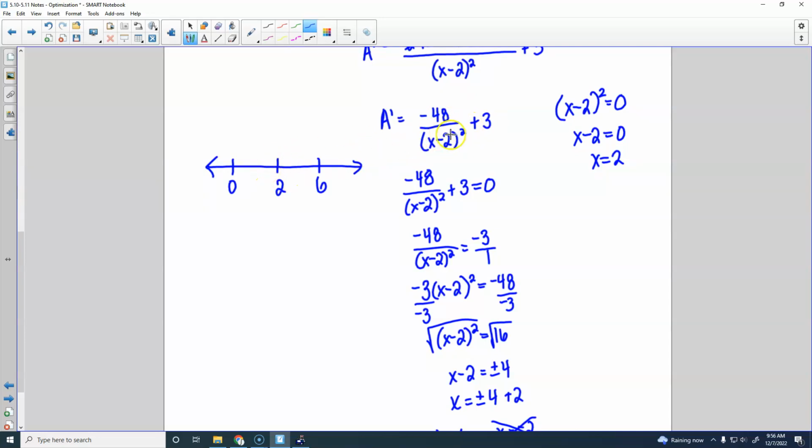So if I plug in 1, I get negative 48 over (1 minus 2) squared, plus 3. That's going to give me a negative there. Between 2 and 6, like for 3, if I do negative 48 over (3 minus 2) squared, plus 3. Hold on, did I do something wrong?